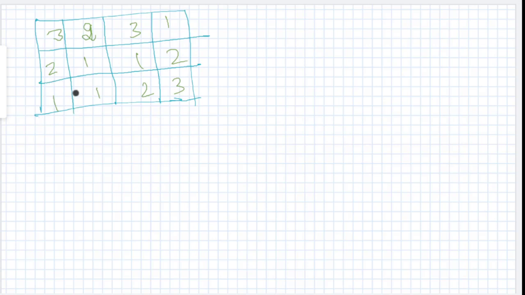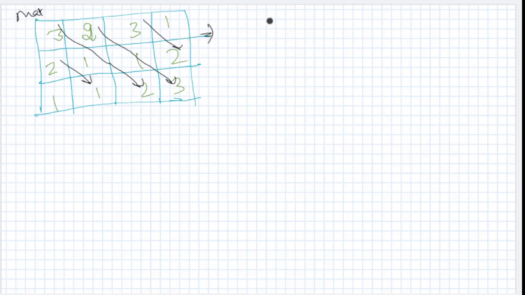The first diagonal is only 1, nothing happens. Second is 2 1. Third is this, then this, and obviously these two. Now, are these diagonals sorted? No. 2 and 1 should be 1 and 2. Again, 3 1 2 should be 1 2 3. Talking about 2 1 3, again 1 2 3, and 2 3. So this is the matrix that's given to you.